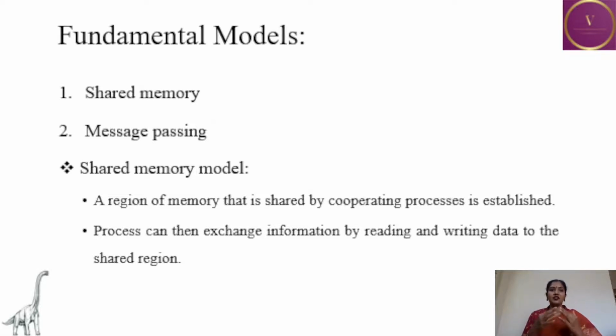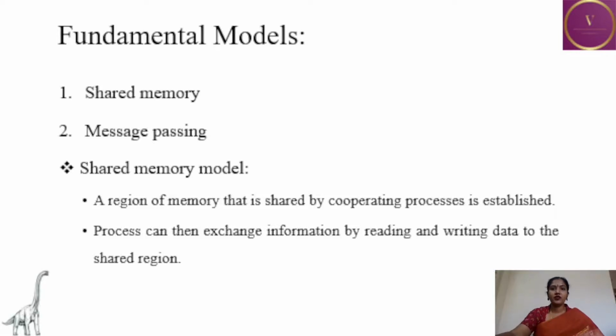Processes can then exchange information by reading and writing data to the shared region. So process P1 declares the shared memory region and is able to write into it, and process P2 can read the information written by process P1.